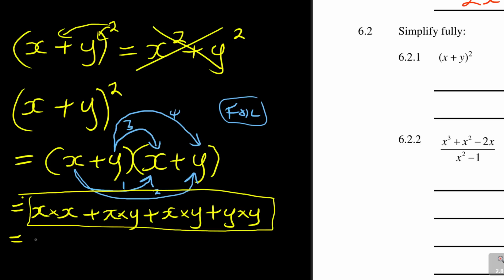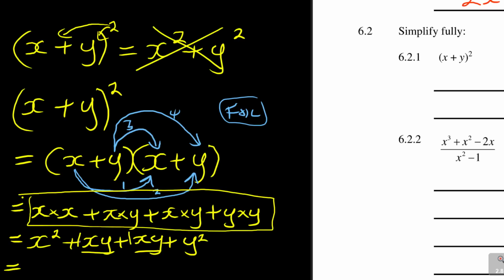Now x times x, what do you get? It's x squared, plus xy plus xy plus y squared. Then you can look at it. There is something similar, xy and xy. They are like terms.